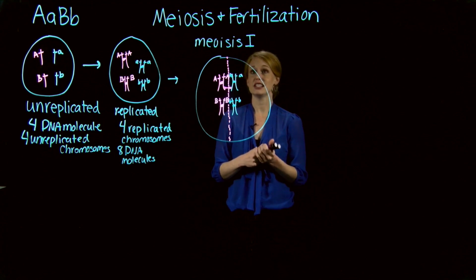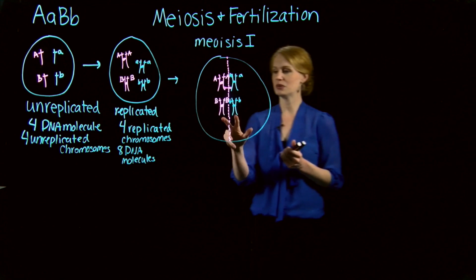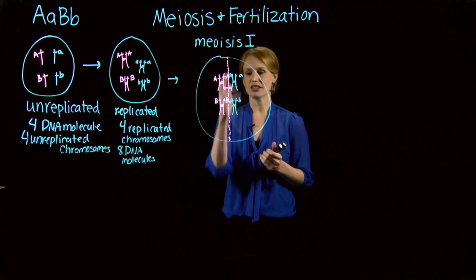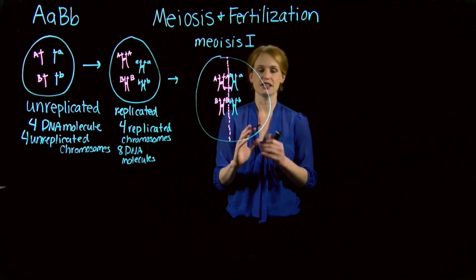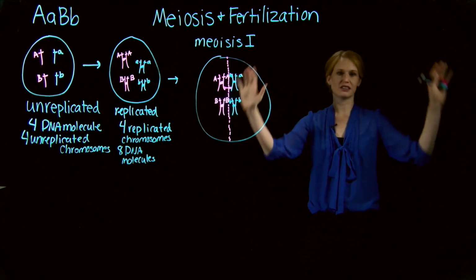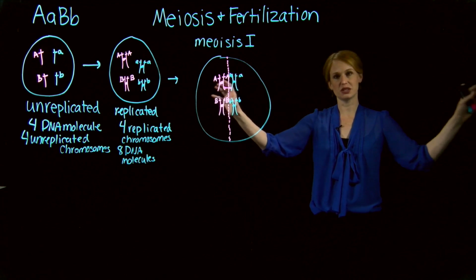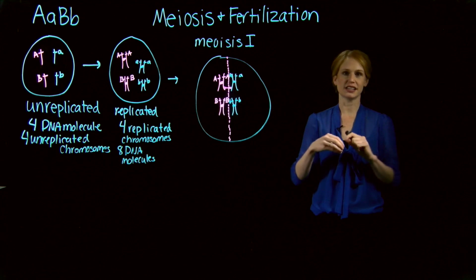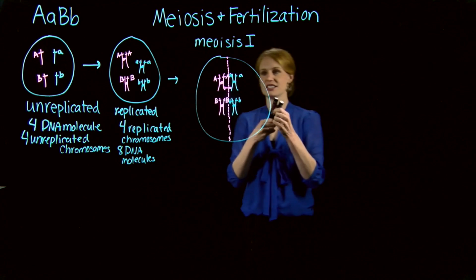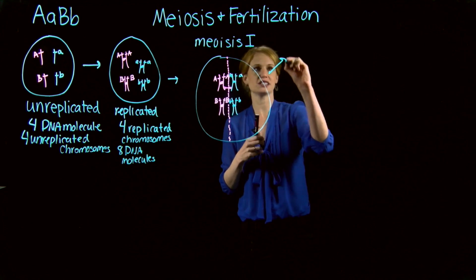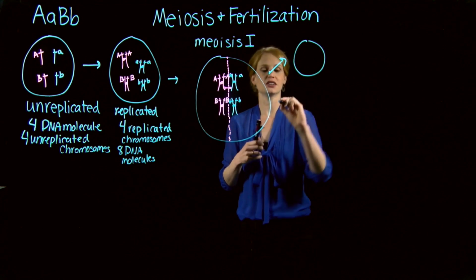So in metaphase of meiosis I, the homologs align with each other on either side of the metaphase plate. In anaphase I, the homologs separate from each other. Telophase I, they're at opposite poles. And in cytokinesis, this cell actually separates into two daughter cells.